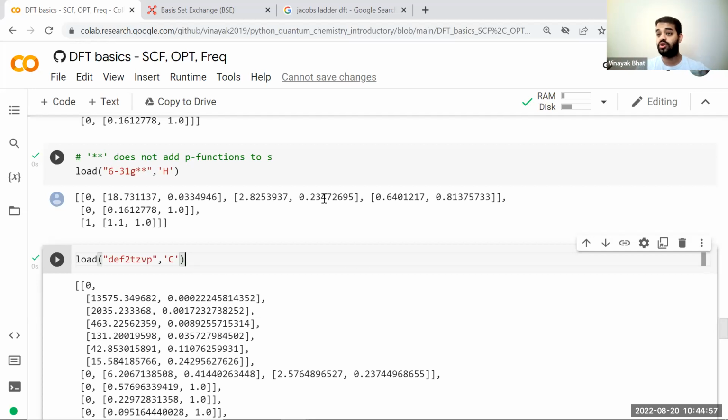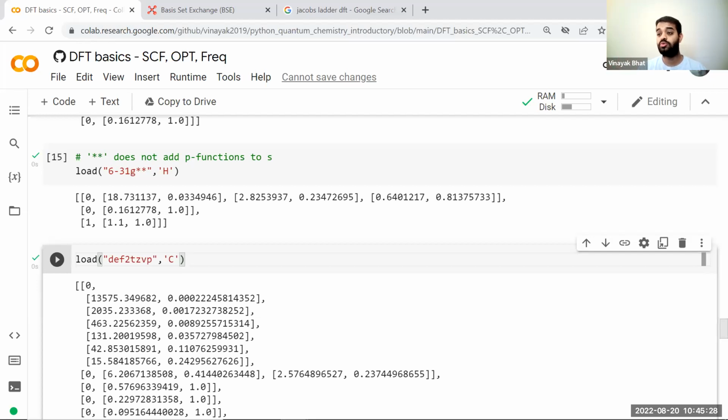But there's a compromise with compute time. If you use a very large basis set, it'll be accurate, but it will take more time. And that is where your requirement comes in. If you're doing it for a big molecule, let's say a protein, maybe you can use the STO-3G basis set because it's very small, and you can get some reasonable estimates.